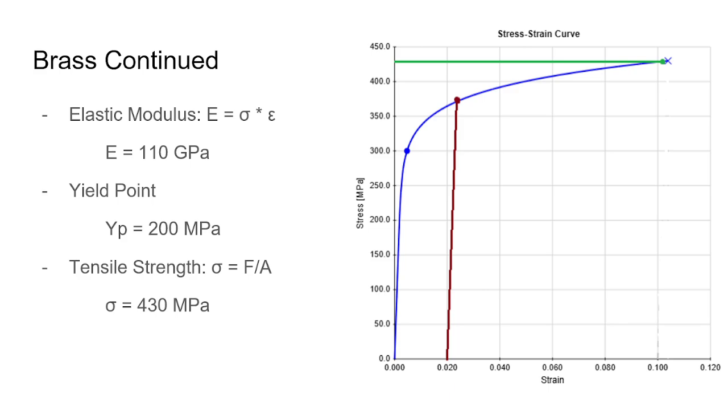The way that I was able to get the elastic modulus is using the equation E equals sigma times epsilon. I was able to find the yield point through the graph, and the tensile strength I was able to find using the force applied divided by the area under the curve, which got us 430 megapascals.